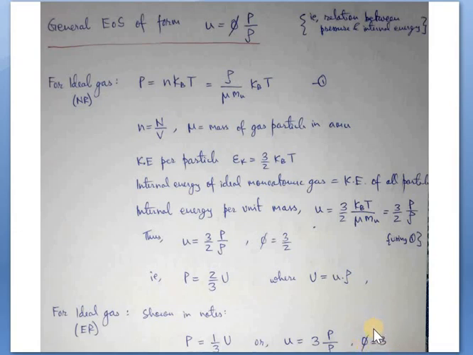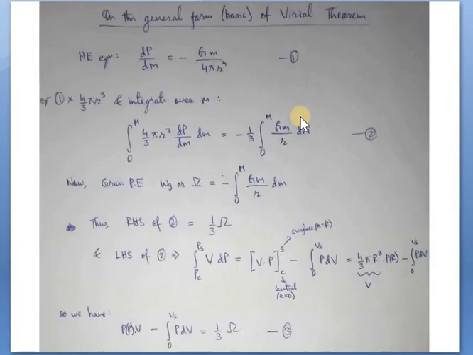I will talk about this derivation in a different lecture, when we revise. Okay, so we just talked about the general form of the equation of state. Let us now start with the derivation of the virial theorem for stars. The hydrostatic equilibrium equation written in terms of dP/dM is like this. So this is equation 1.